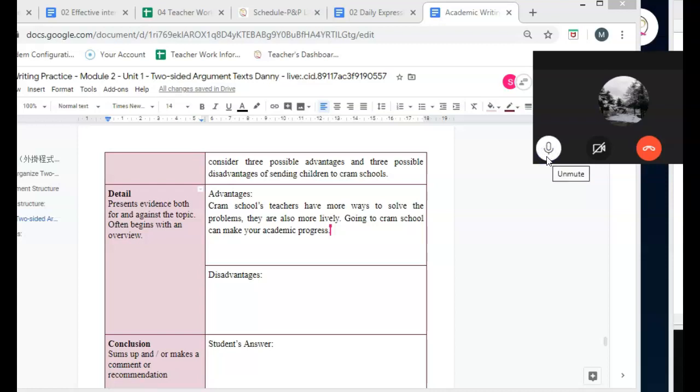Okay, and disadvantage. Yeah, so you can just do it more after the class, and then we will check that tomorrow, next class. Okay.